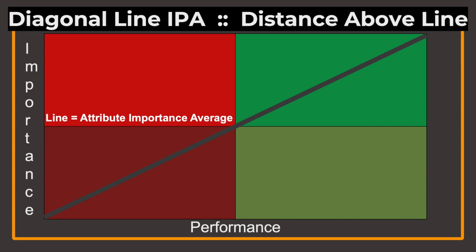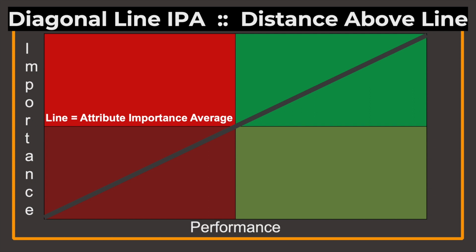So, diagonal line and how we look at this. I left the colors in there so you can see it, but there are a couple of things we need to talk about. The first one is that the crossbar line, or the crosshair line, if you would, on the importance needs to be, and it's really important, the attribute importance average, or the mean of the attribute importance.